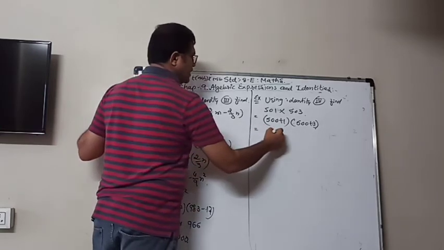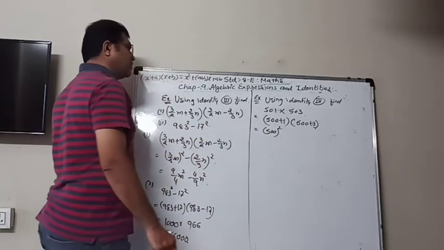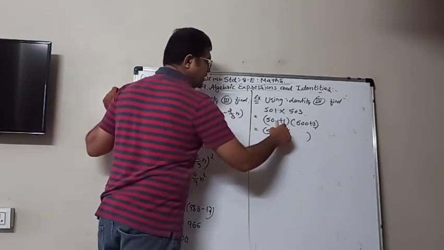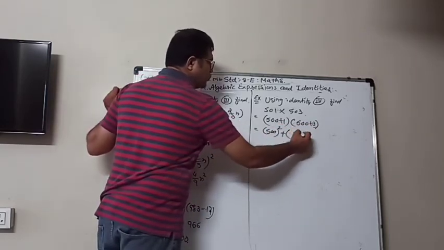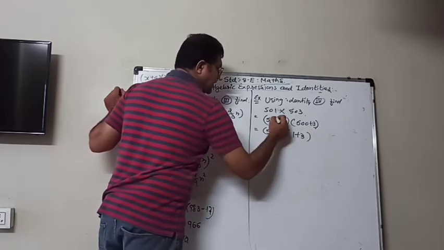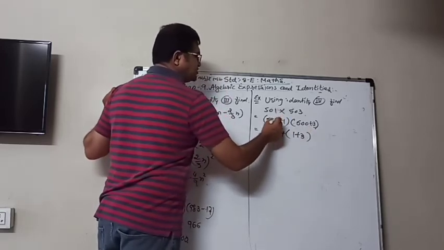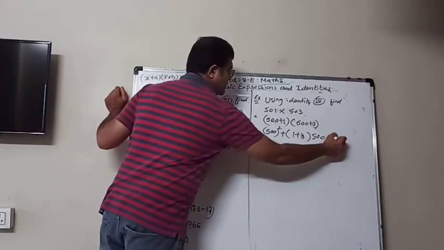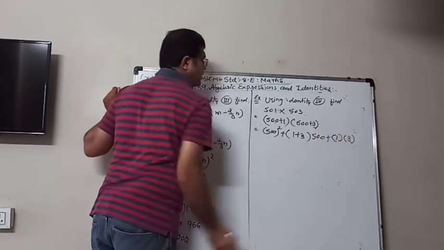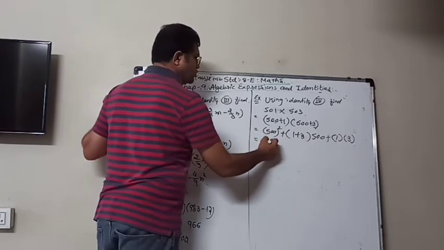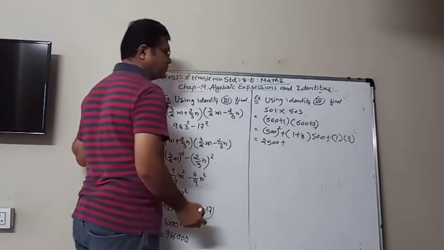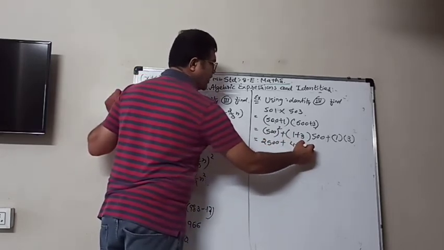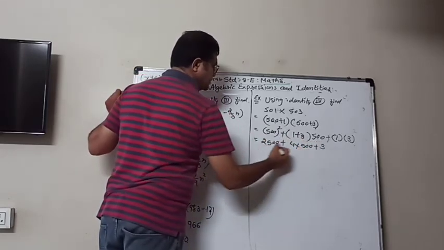So here x square means 500 square, plus (a plus b), here a is 1, b is 3, so (1 plus 3) into x, x is 500, so multiplied by 500, plus ab means 1 multiplied by 3. So 500 square is 250000, 1 plus 3 is 4, so 4 into 500, plus 3.